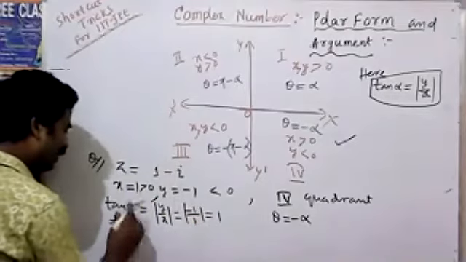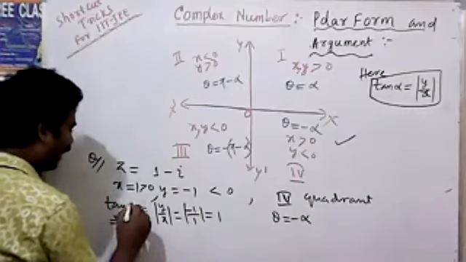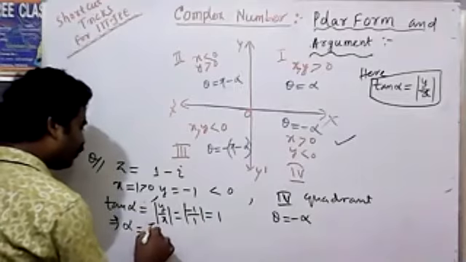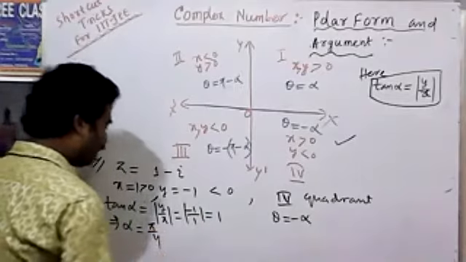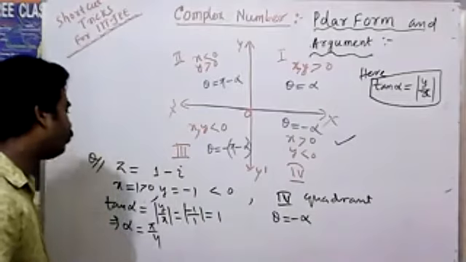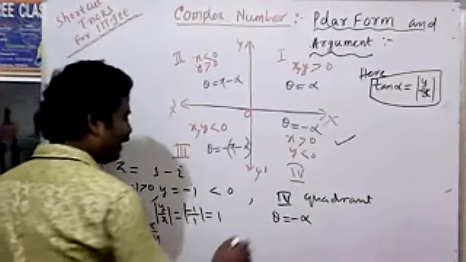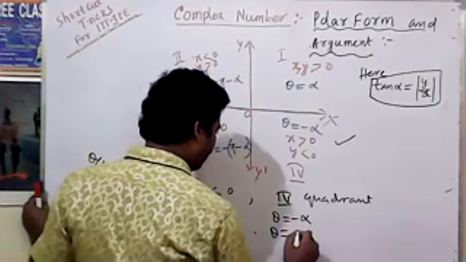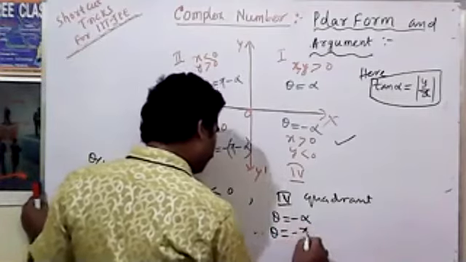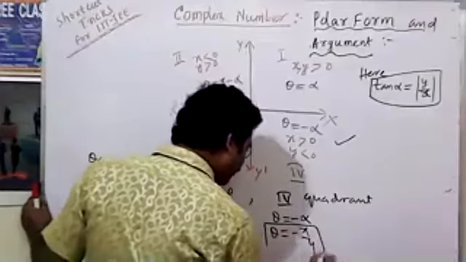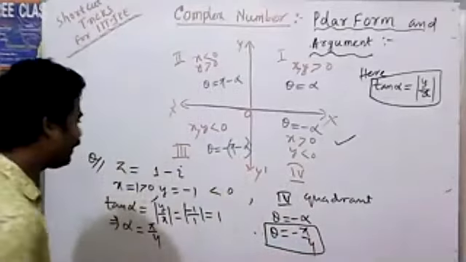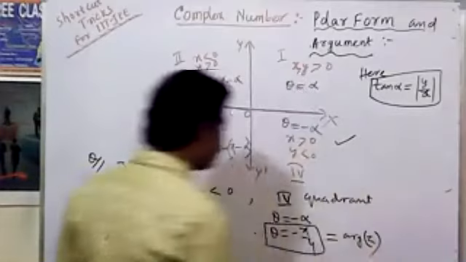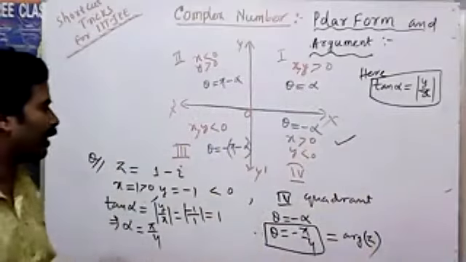Then tan alpha is equal to 1, so alpha is equal to 45 degrees, that is pi by 4. So theta can be minus pi by 4, which is the answer. Theta is the argument here, so arg z is equal to minus pi by 4.